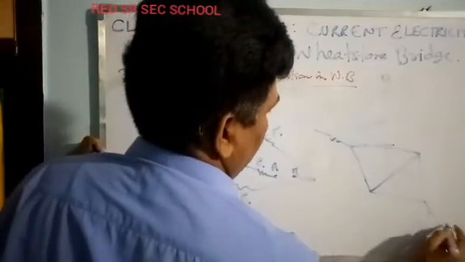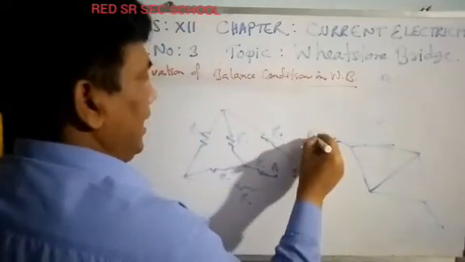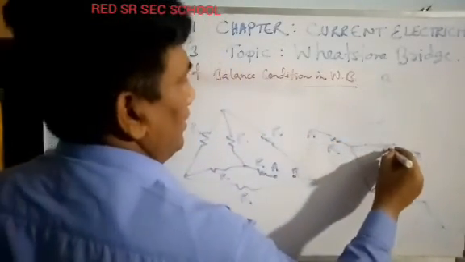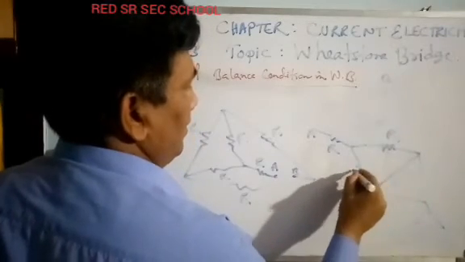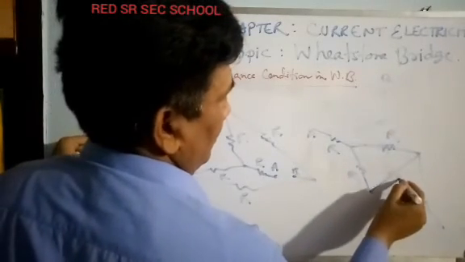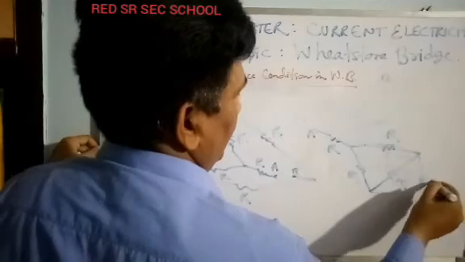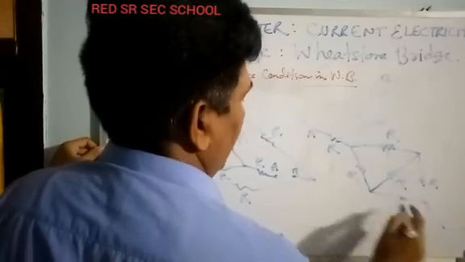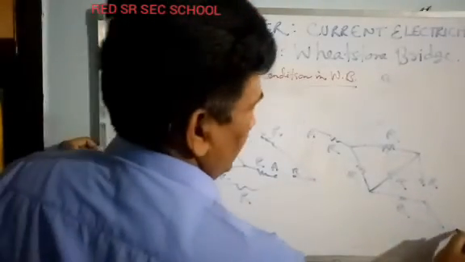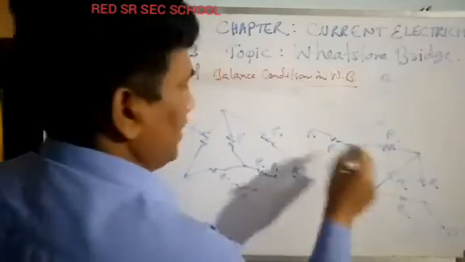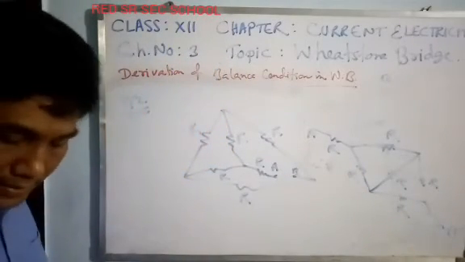This is A, this is R, this is R, this is R, this is R, this is R, this is R, and I have unfolded B also. This is B. Both the figures are the same.